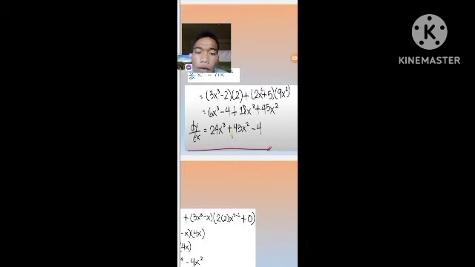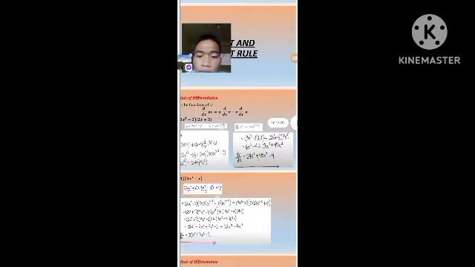We add the same x squared first. Same x, like x squared or x cubed, we add them. So we add the same, 6 and 18. So we add them, we have 24x cubed plus 45x squared minus 4. So this is the answer.